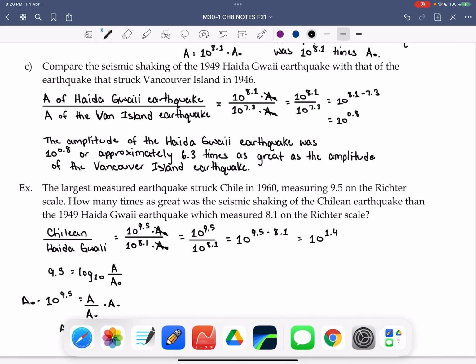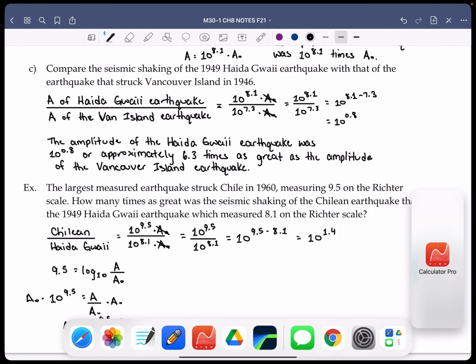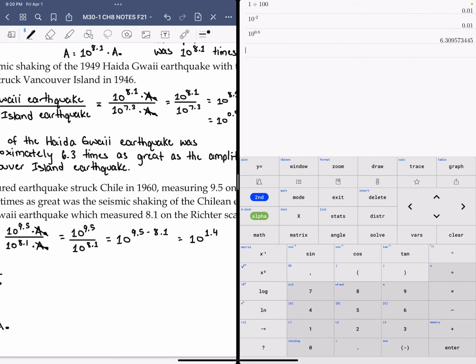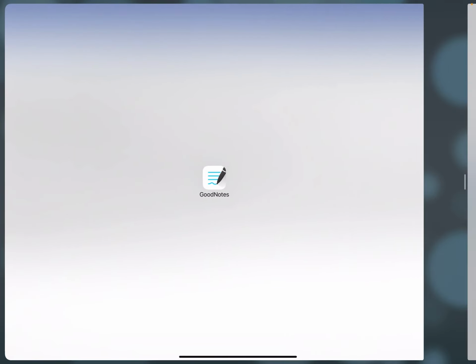And we can calculate that. 10 to the power of 1.4 is 25.1188, so approximately 25.1, we'll say.